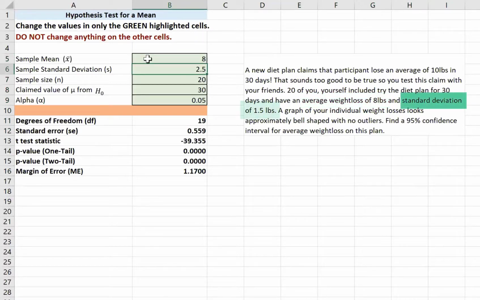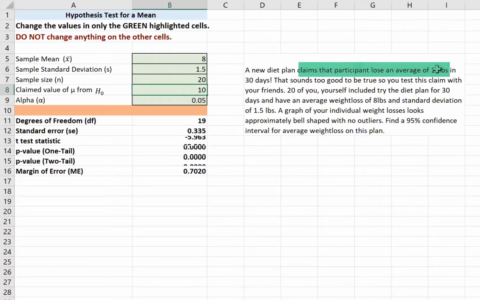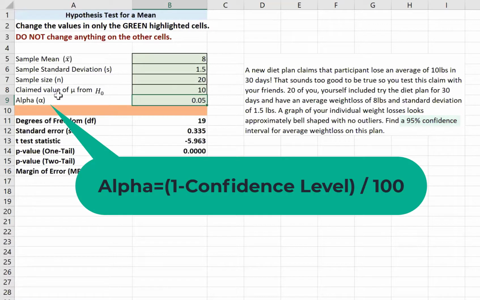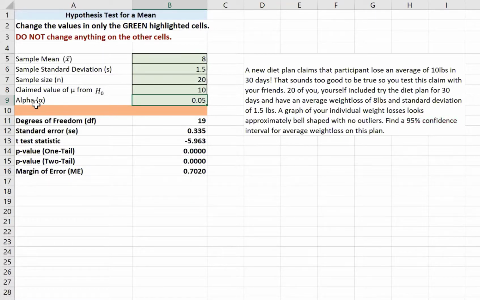Standard deviation for the sample, 1.5 pounds. Sample size, 20. The claimed value, they claimed it was going to be 10. And we'll be doing a 95% confidence, so alpha is 5%. Together, the confidence level and the alpha make 100%.